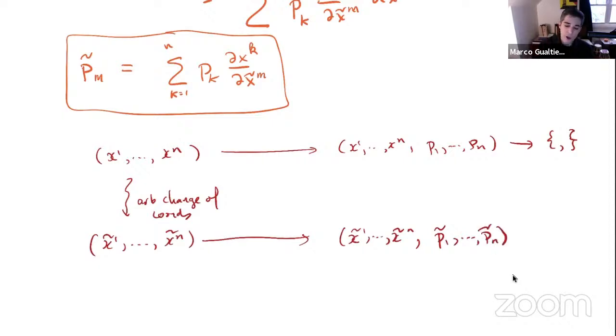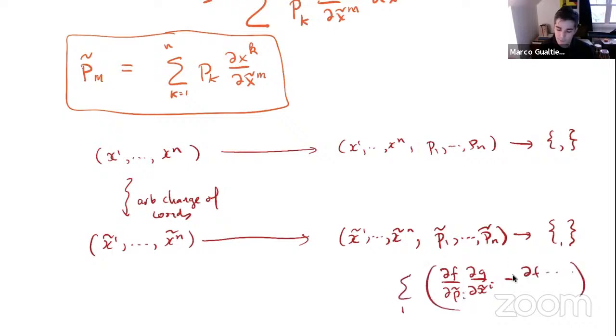So the p's are a consequence of the x's, and then we can write the Poisson bracket in terms of these x tildes and p tildes using the same formula. So it would also be df by dp I tilde dg by dx tilde I minus the same thing, the same expression.